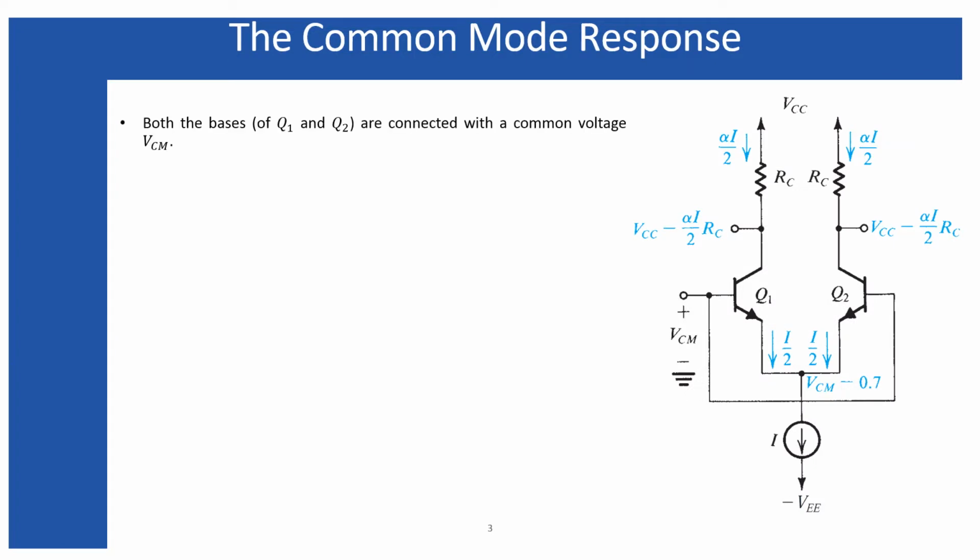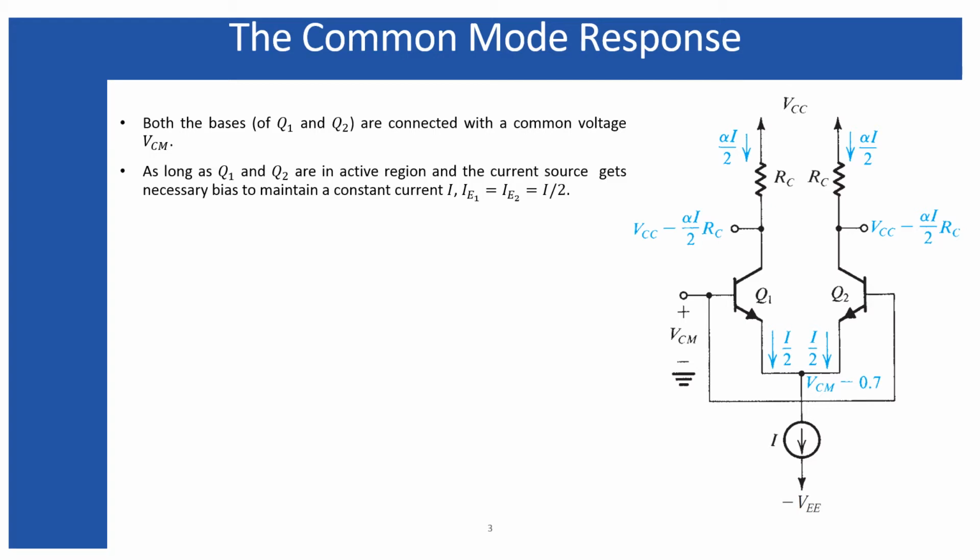In my earlier lecture, we have seen the common mode response for the differential amplifier where a common voltage VCM was connected with the base of the two transistors Q1 and Q2.